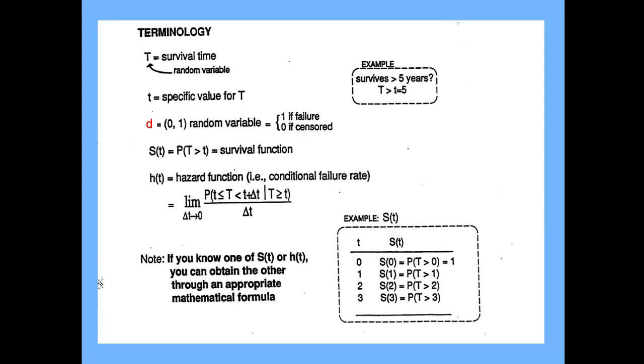Okay. Well, what we're talking about is a sort of failure rate at time t, often referred to as an instantaneous failure rate. It's like what happens at time t. What's the likelihood that somebody's going to fail instantly at time t?